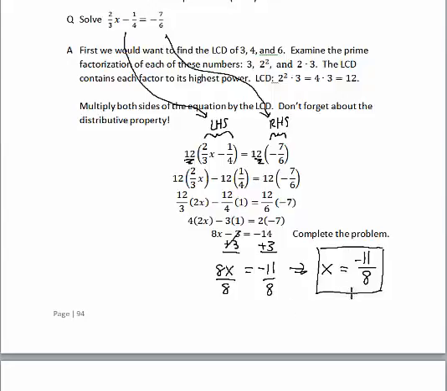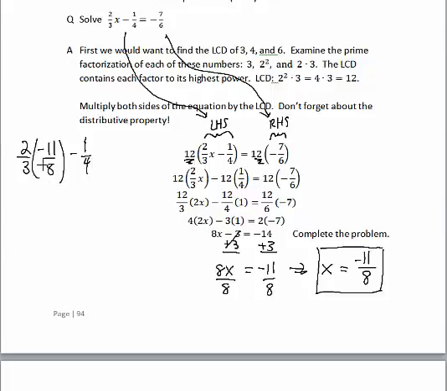And you could plug this back into the original equation. Plug it back in for the x, the variable.